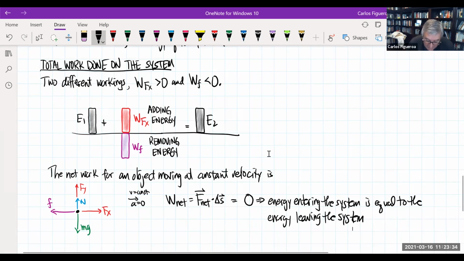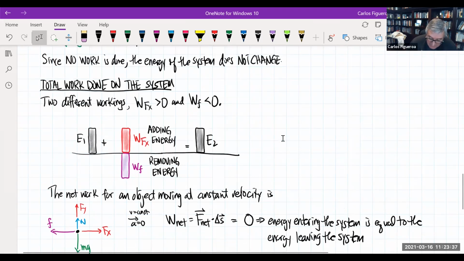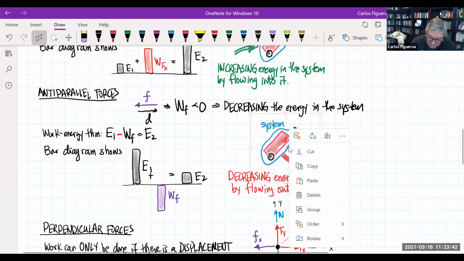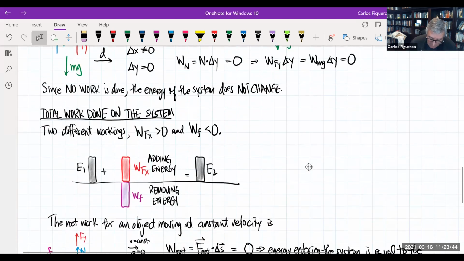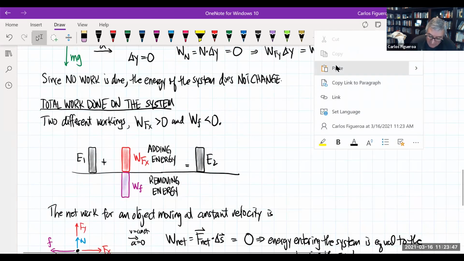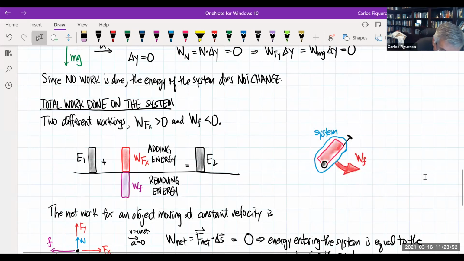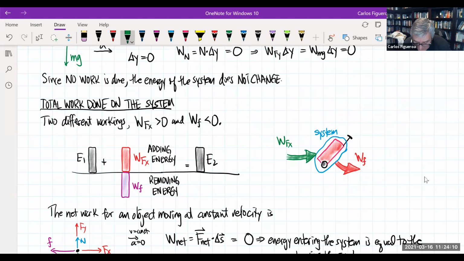So if I go back and get my suitcase, what am I actually seeing here? What I'm seeing picture-wise is that the rate of energy coming in due to the force F of x is equal to the rate of energy coming out.